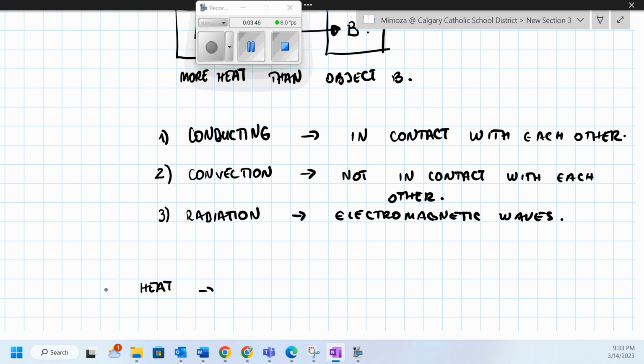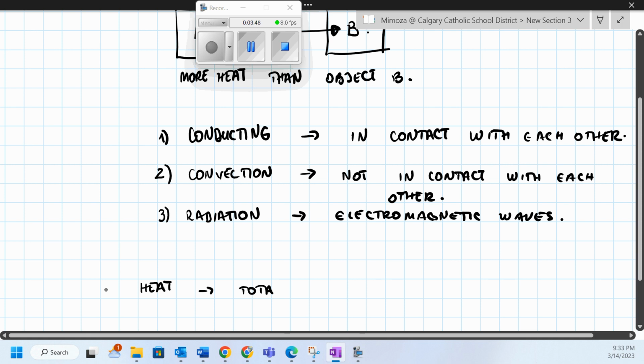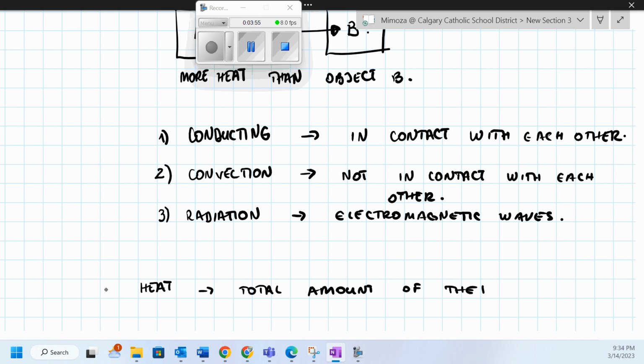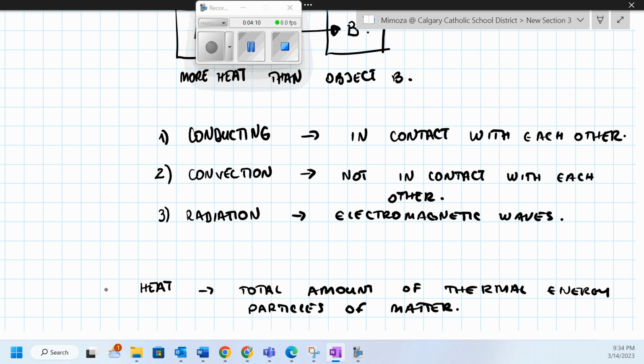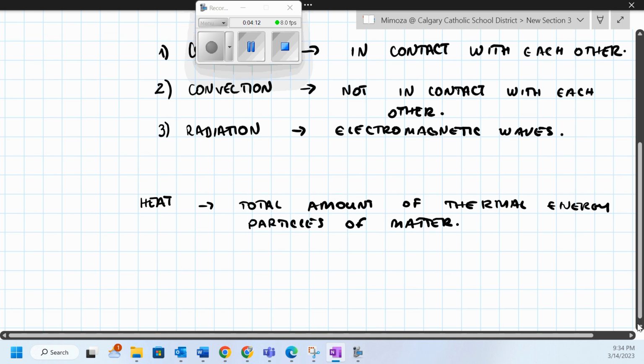So heat is the total amount of thermal energy that particles of matter have, versus temperature, which is the average of kinetic energy that particles have.